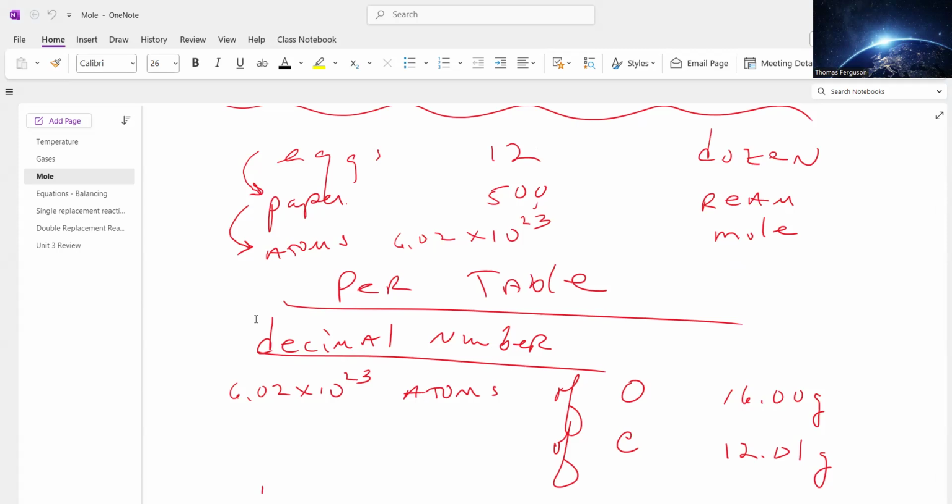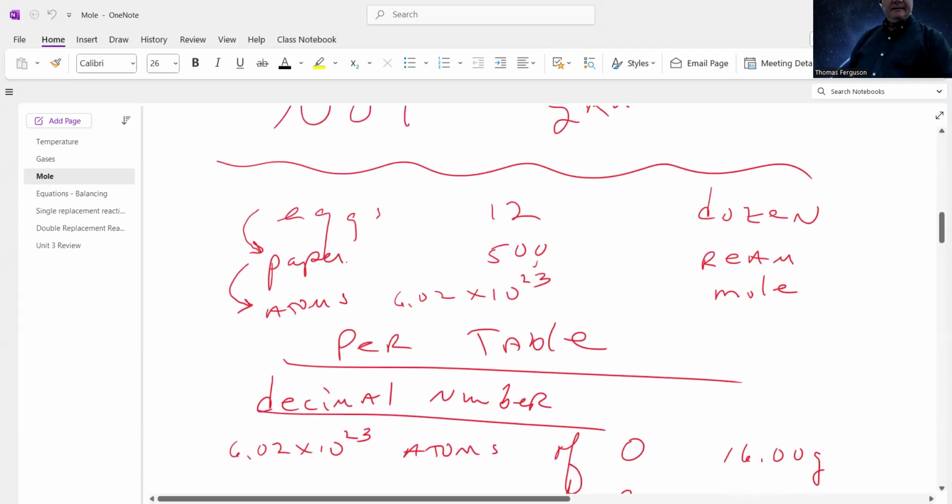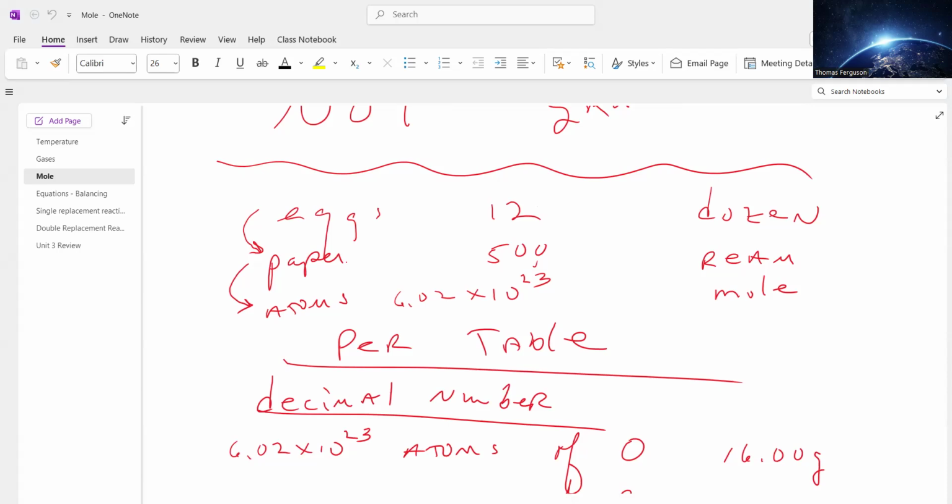It's the number. Well, if you look at this, the less something weighs, the bigger the unit we use. So if something is really, really small, like atoms or molecules, the unit we're going to be using is going to be really big. Again, for convenience only.